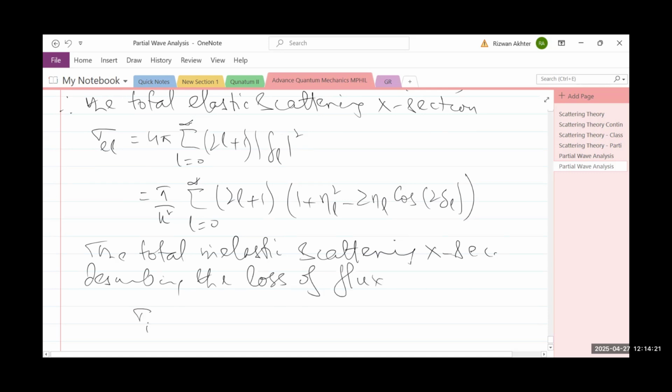That would be sigma inelastic, which is equal to — no, total inelastic.